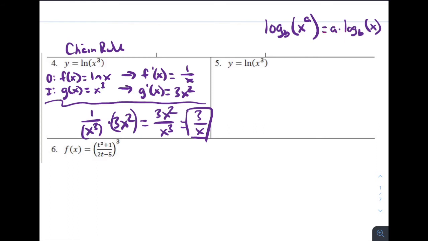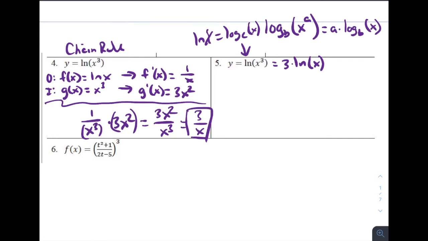And this works for logs of any base, but also works for natural logs, which are technically logs of base e, right? If we don't remember what a ln is, the natural log of x is the same thing as log base e of x. So because of that, this rule actually applies for natural logs as well. So using that property, we can rewrite this as 3 times the natural log of x, which is super nice.